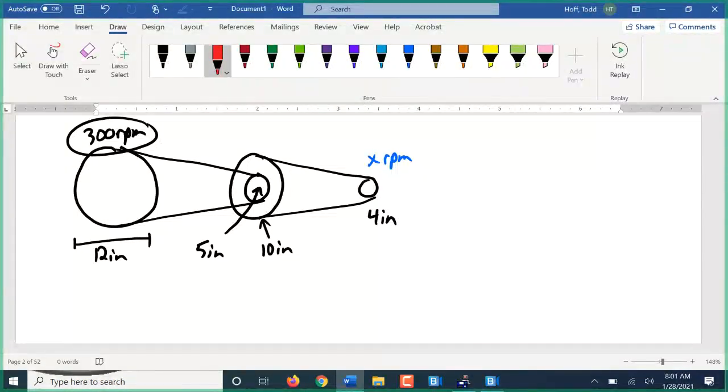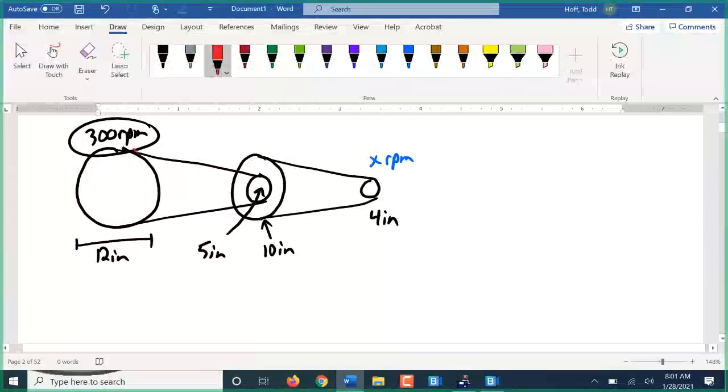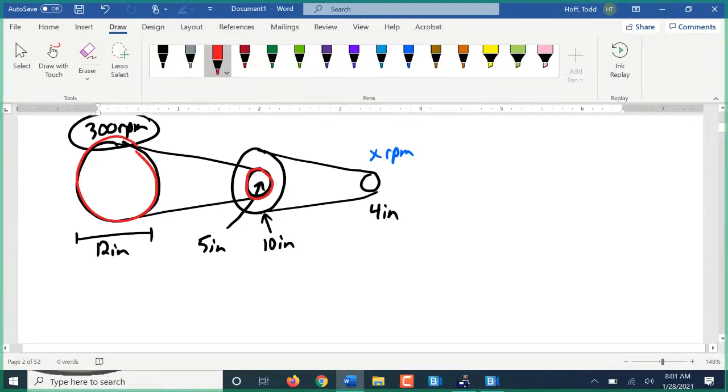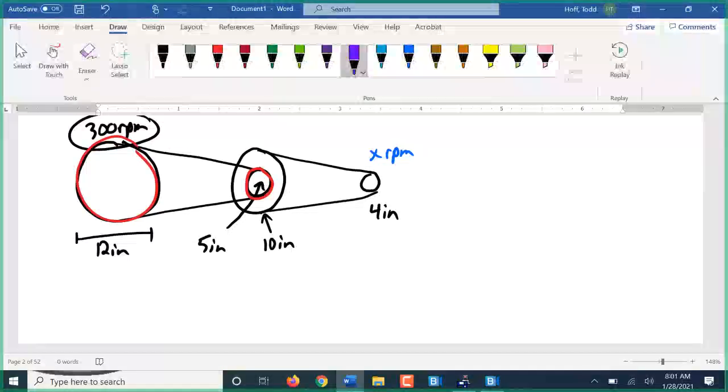Well, to do this, I'm going to have to go through 2 stages. First, this pulley here connects to this one. So I have to go through the transition from the big pulley, the 12-inch, to the 5-inch pulley. Now, this is an inverse relationship. Bigger pulley turns slower. Smaller pulley turns faster.